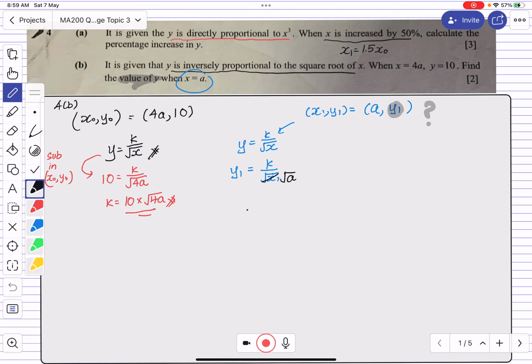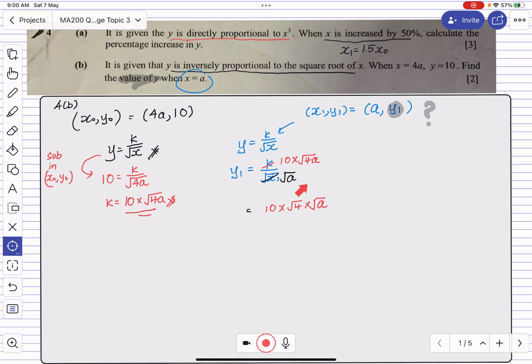Now I substitute k. Remember, k is 10 over the square root of 4a. This is k, the proportionality constant. This is the same as 10 over the square root of 4 multiplied by the square root of a.